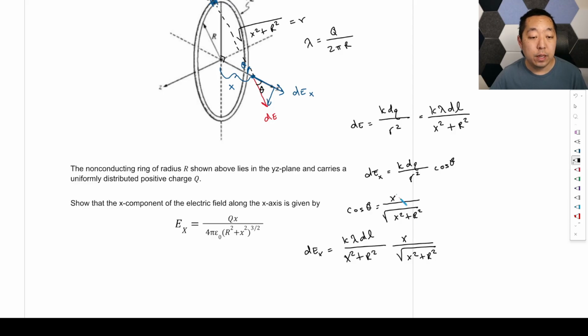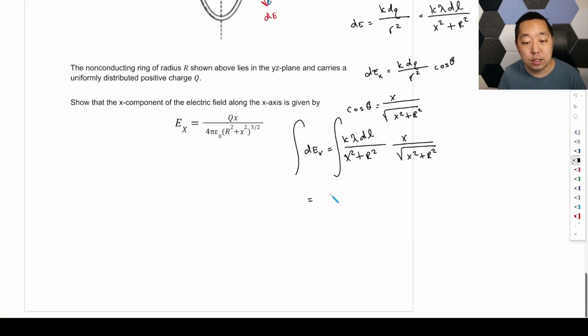Now this x is a fixed point in space because it's a function of the distance. When we integrate, when we add up all of these dq's to get the total amount, the only thing that's not fixed is the dl part. So k lambda x are all constants, and x squared plus r squared is now to the 3/2 power. And then the integral of dl.